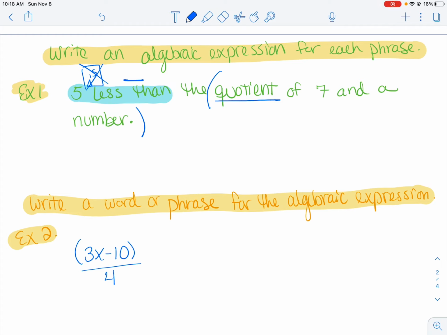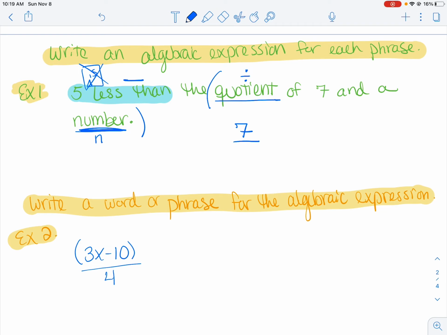Oh, actually, we have to go back and talk about one other thing I forgot about, but that's okay. The quotient of 7 and a number. So quotient means divide, right? So the answer to the division of 7 and a number, and they didn't give us a variable to use, so whenever you see the phrase a number, you can put any variable you want in for that.